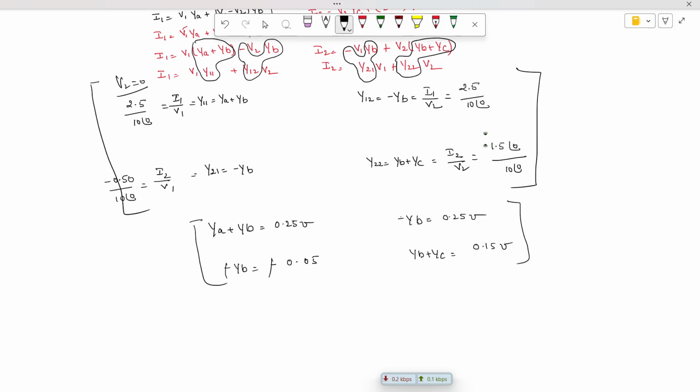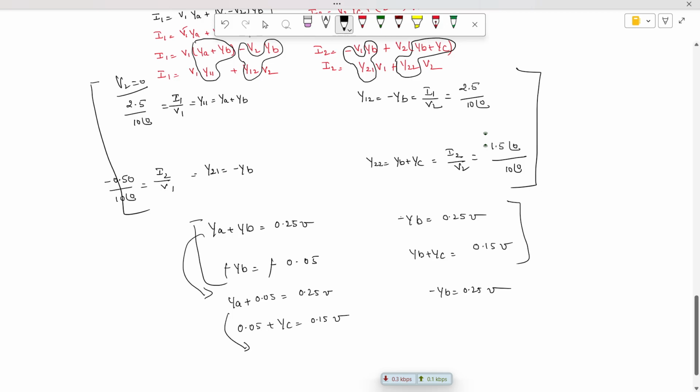So when you substitute here, in this equation Ya plus Yb, 0.05, is equal to 0.25 mho, and Yb value, which we have already taken, is 0.05, plus Yc is equal to 0.15 mho.